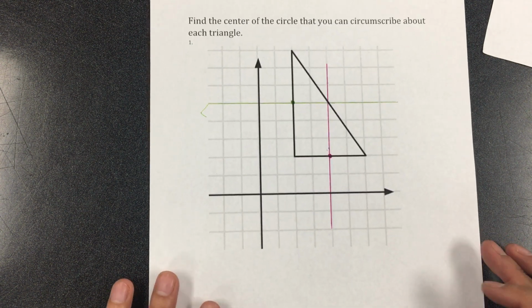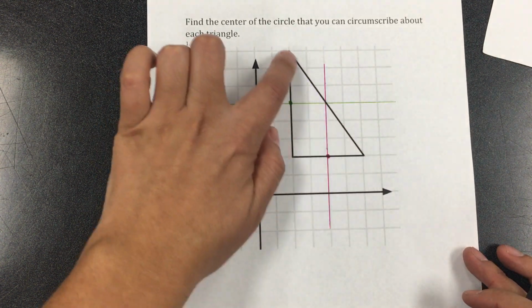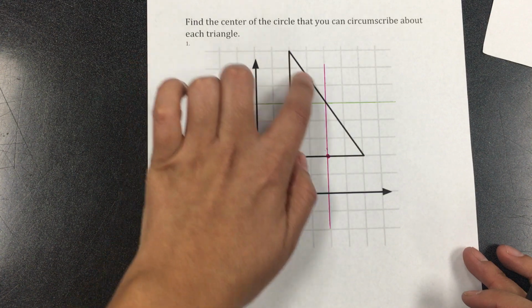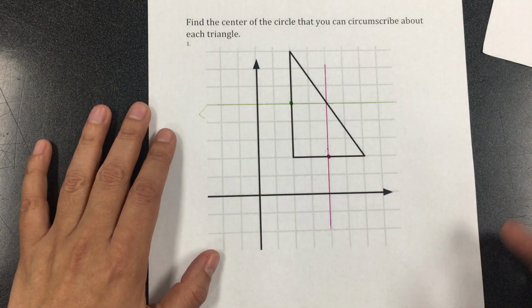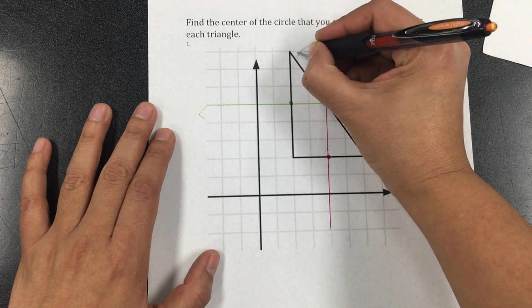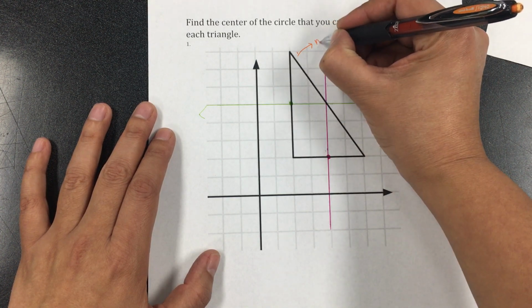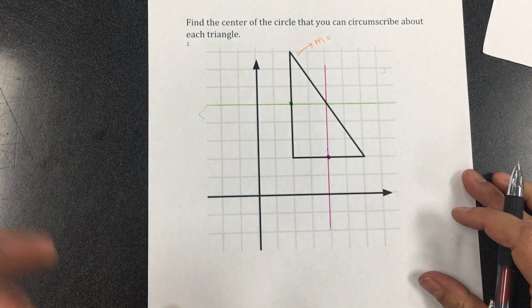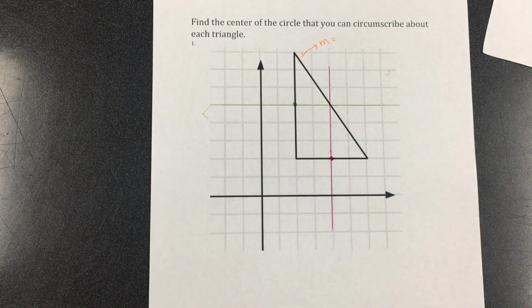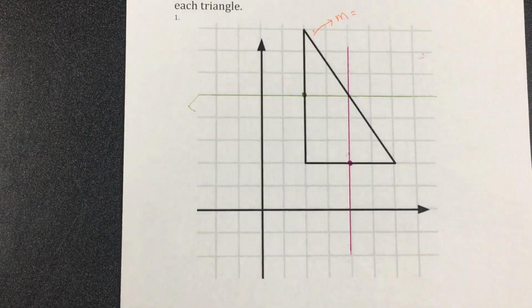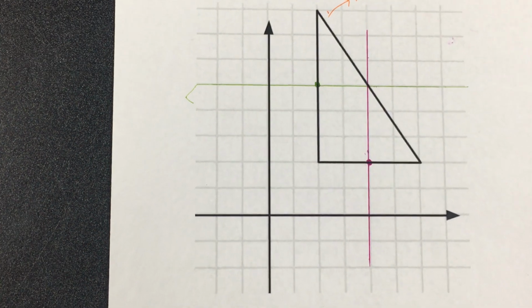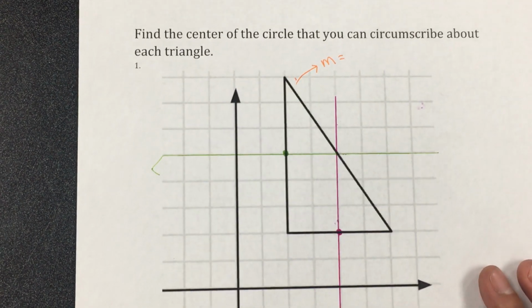For the third side, this is not vertical or horizontal, it's going diagonal. So in here, we do need to find the slope. This is where some people get confused, so I'm going to focus on it a little bit more.